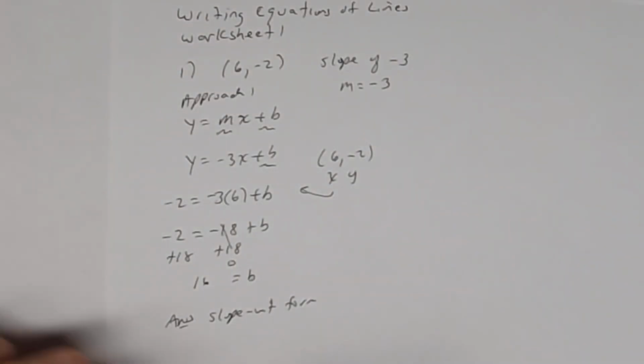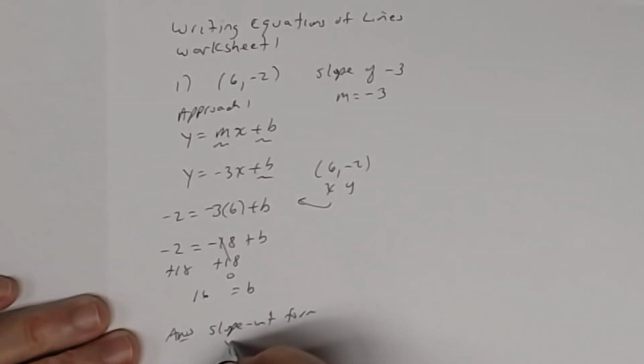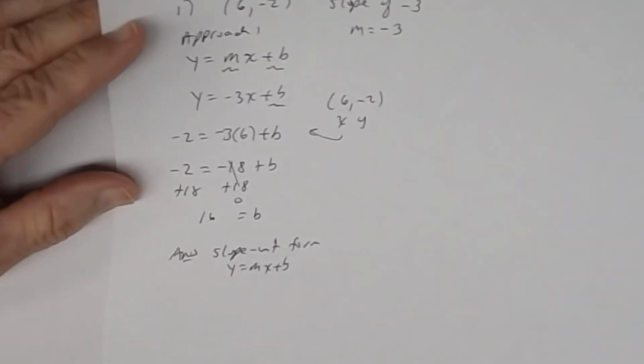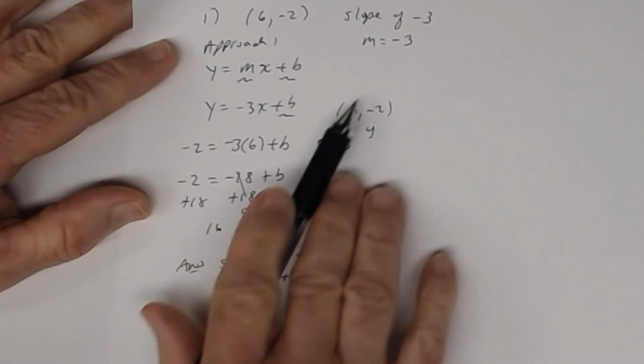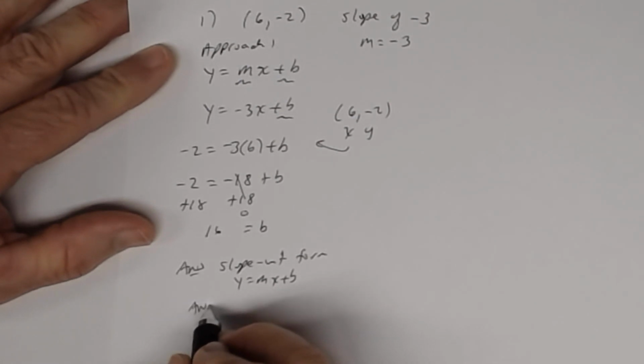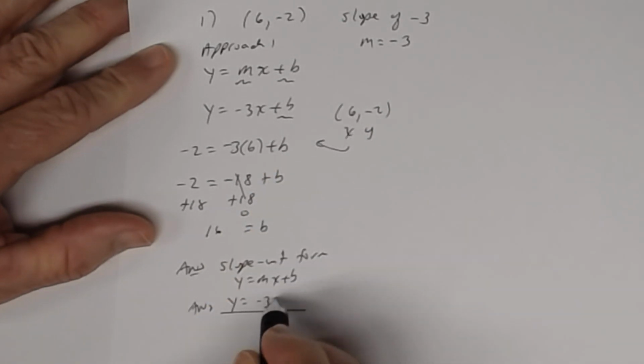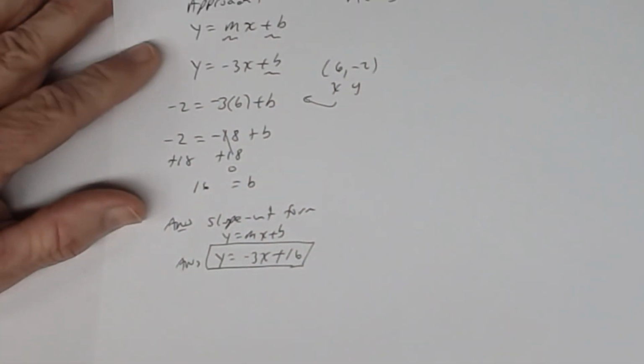Slope-intercept form is y equals mx plus b, right? And so over here I know the slope, and now I know the y-intercept. So the answer is going to be y equals -3x plus 16. So there's the answer in slope-intercept form.